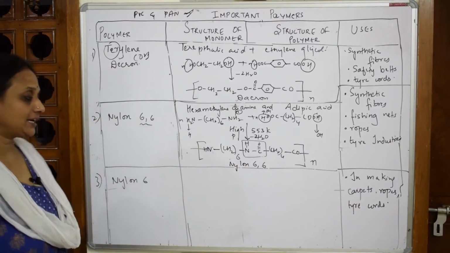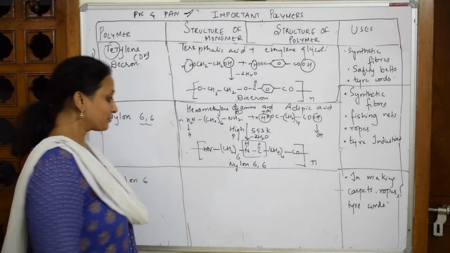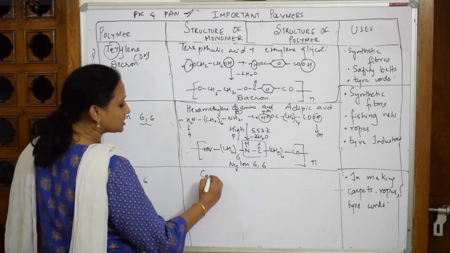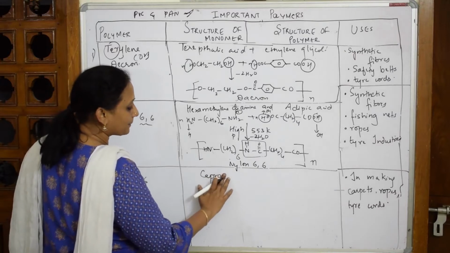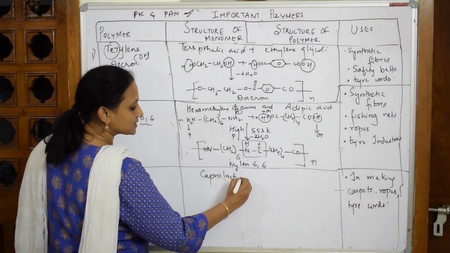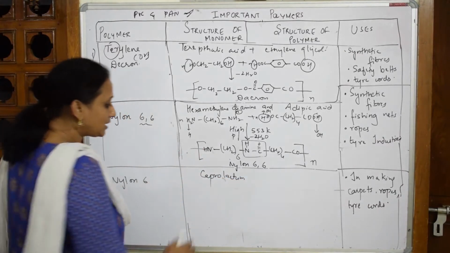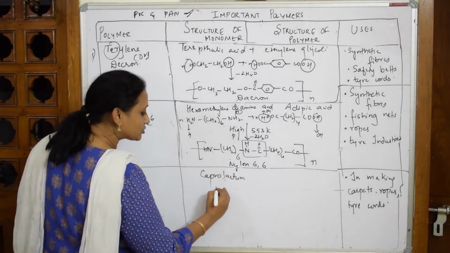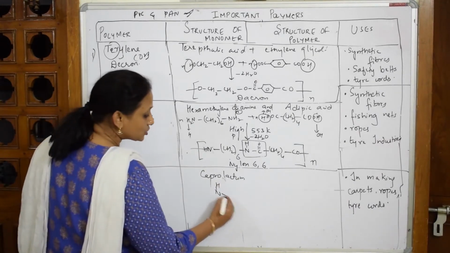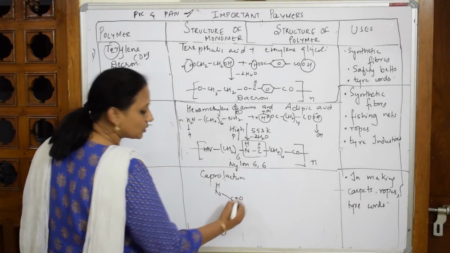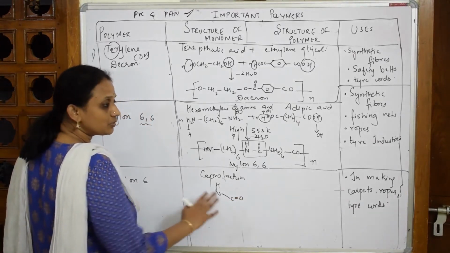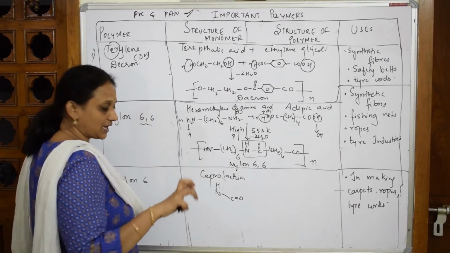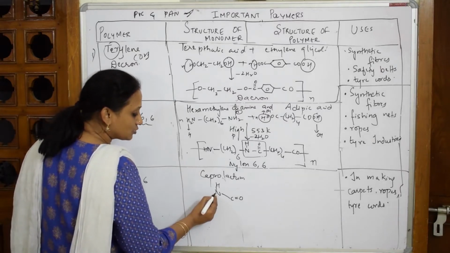Let's come back and write for nylon 6 now. So nylon 6, the monomeric unit is caprolactam. Caprolactam, nothing simple. It is a cyclic chain. How should you write? Try to first write NH on one end. Then join this with C double bond O. Now from here you have to remember there are 5 carbon atoms. Okay, now don't start from here.